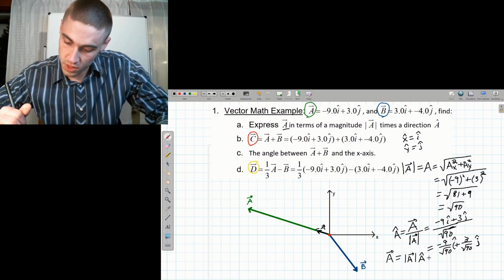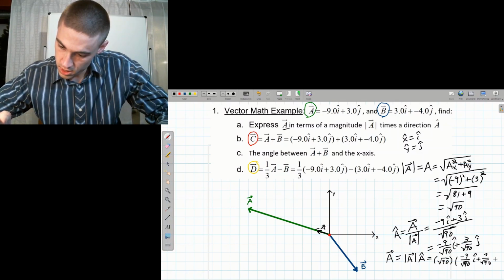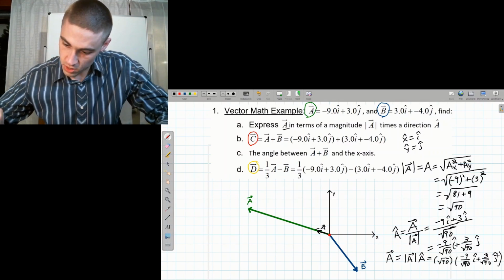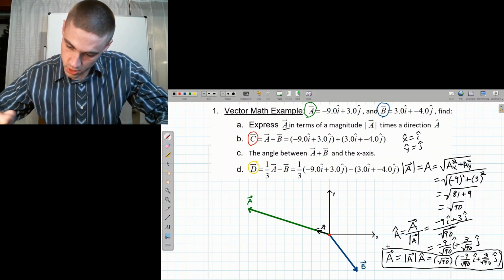This is a useful thing to write sometimes. If it's not obvious right away why anybody would want to do this, you'll see as we go along why it's useful to use this notation. Okay, so this is my answer to part A. I'll put a box around that, so whoever's grading my work will know.